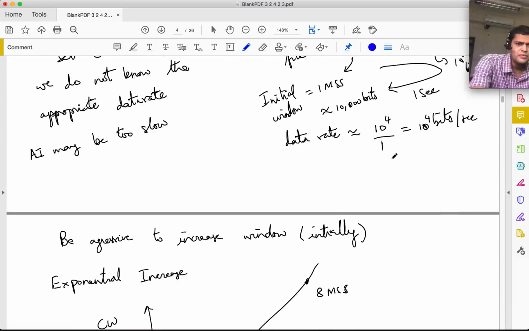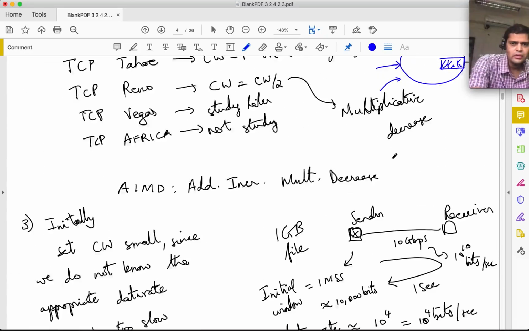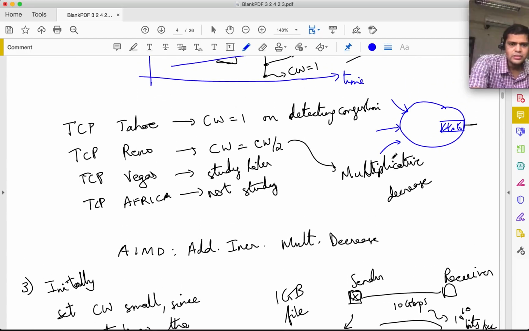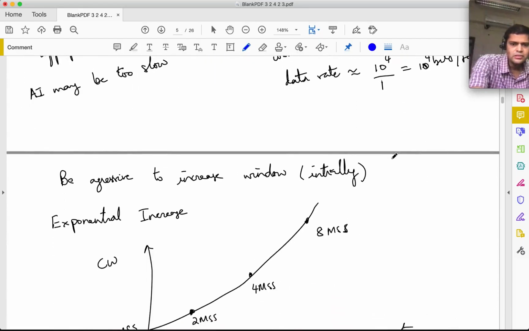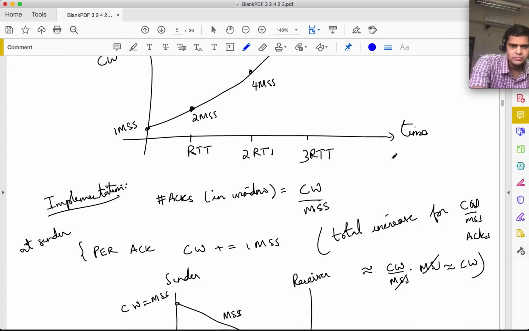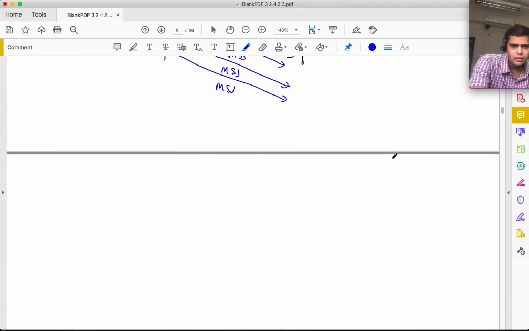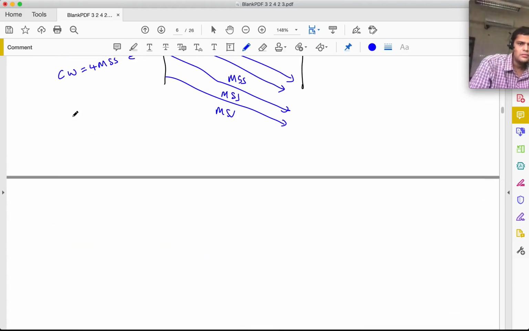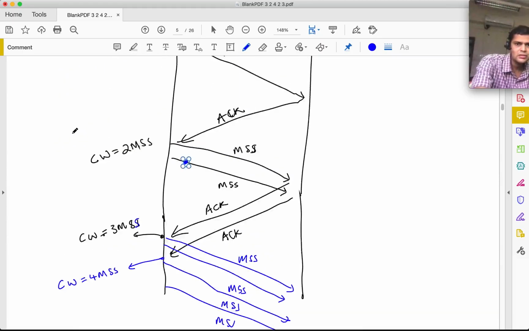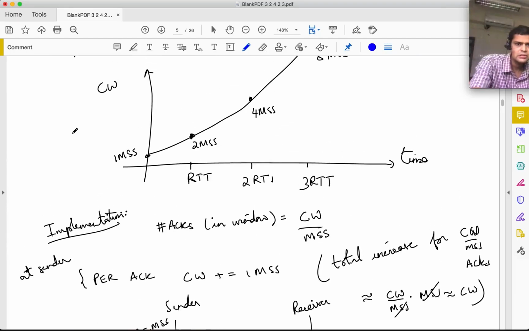So these are some of the principles that we follow in TCP, and the question is, when do we stop this exponential increase? First of all, before we get to that, we need to say what this is called. Since we start with a small window size, this is called slow start.